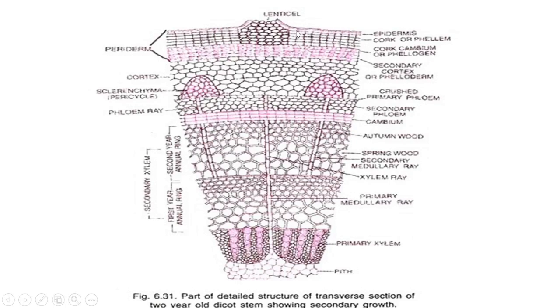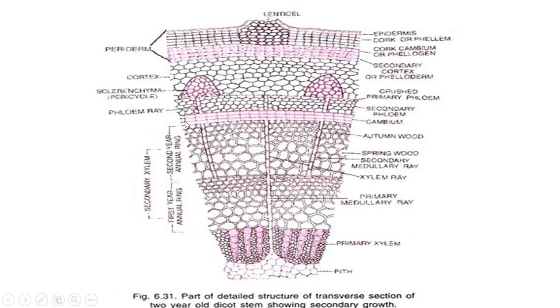Simply in whole stem you will get the bark. Bark is nothing but develops due to the activity of cork cambium, and all these layers are called periderm. Formation of periderm is nothing but the activity of cork cambium. Now these are the parenchymatous cortex.